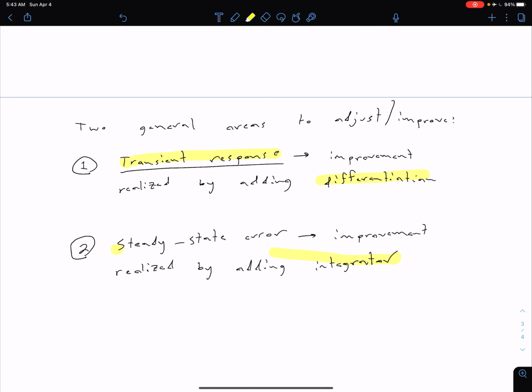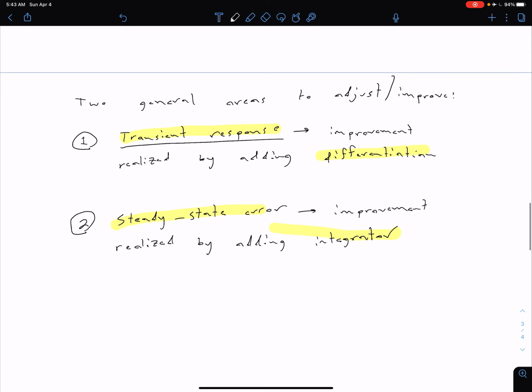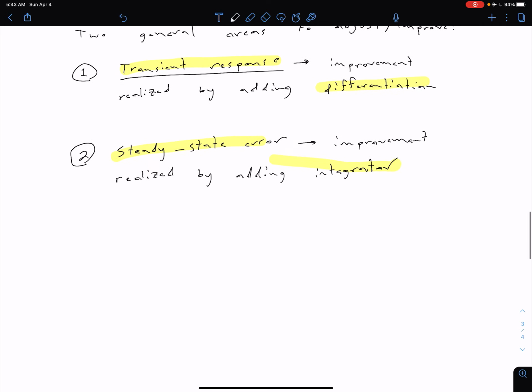So steady state error gives us that. And so what we're going to see is that we can adjust these two things independently. We can have this integration part, this differentiation part. With each of those, we're also going to have some proportional part. And so the proportional part is talking about our gain that we've considered previously.